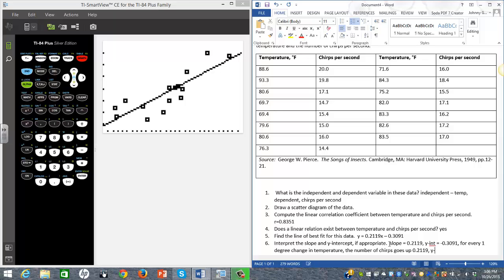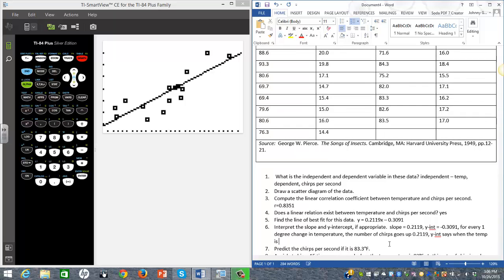Now the y-intercept is telling us what the value is at 0. So the y-intercept says when the temperature is 0 degrees, we can expect to hear negative 0.3091 chirps.